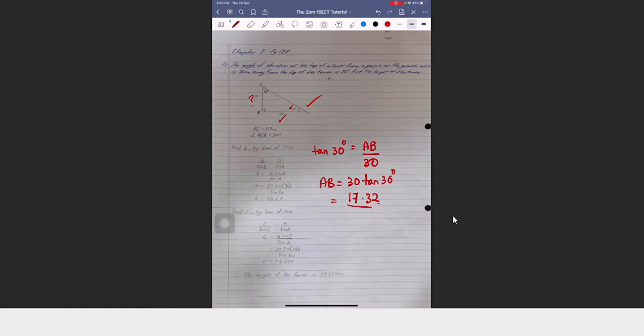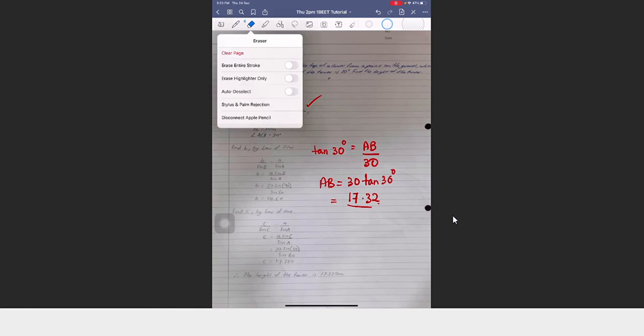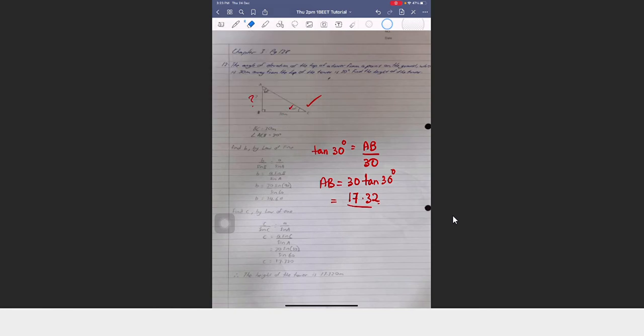That means 30 meters away from the top to the ground.